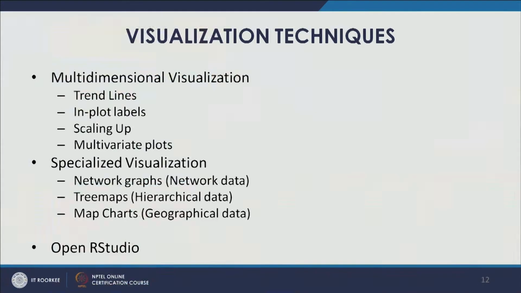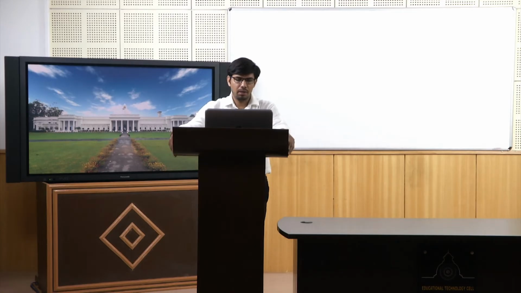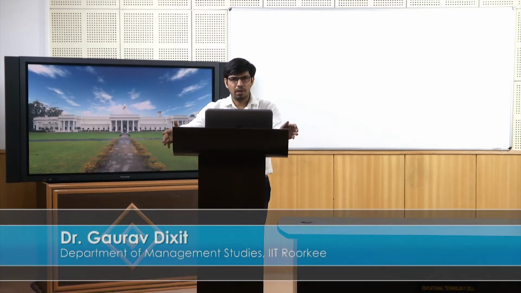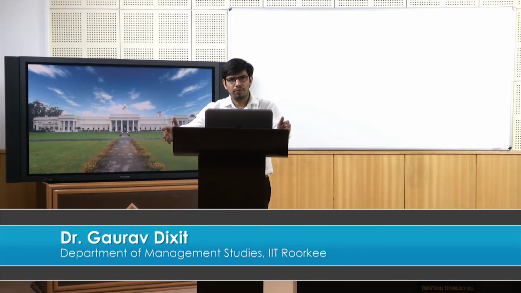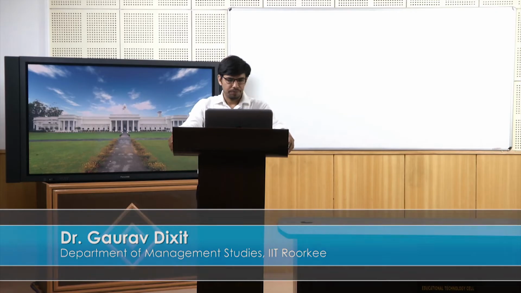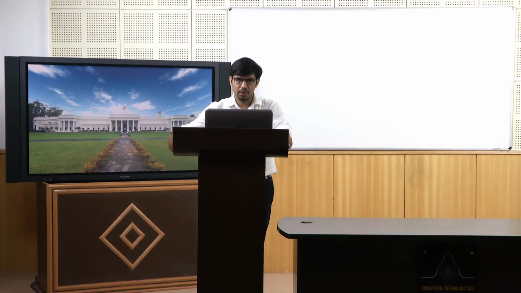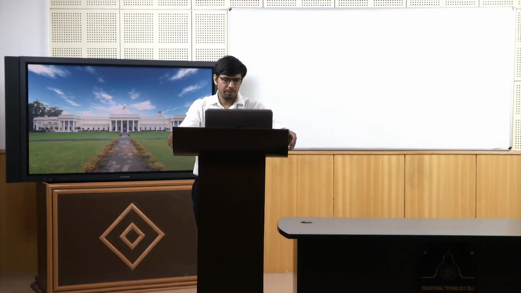Till now, before specialized visualization, we were mainly dealing with cross sectional data or time series data. Now these types of data sets, network data, hierarchical data and geographical data, are for different specialized visualization, and they have different kinds of data sets as well. We will discuss them in more detail as we go along.